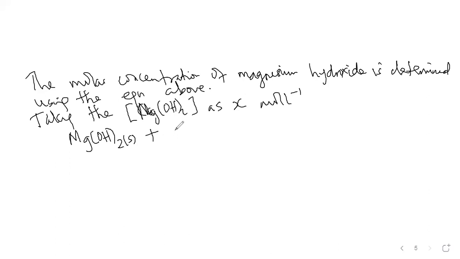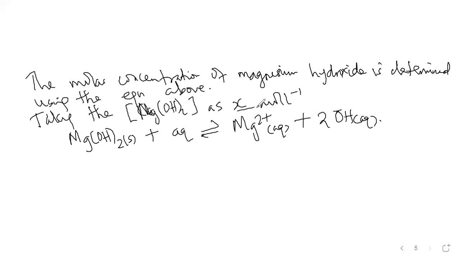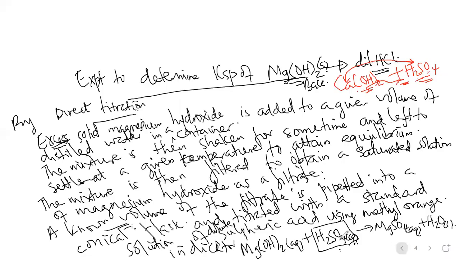Right now the equation for its solubility, giving us magnesium ions and 2 hydroxide ions. So this one we have got it by calculation. We don't go into those details.